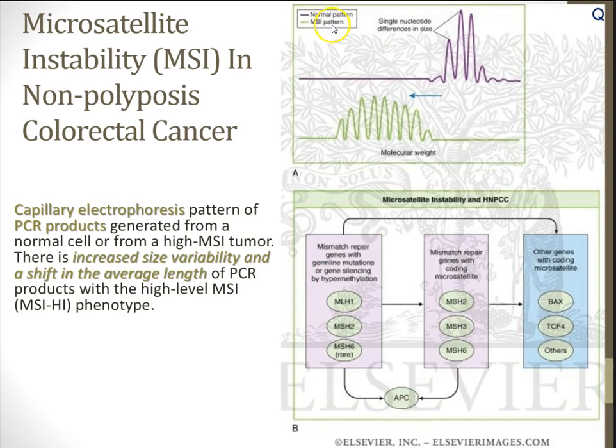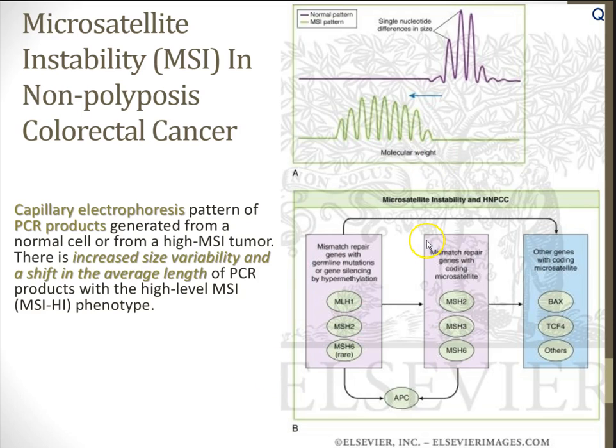When we have microsatellite instability, we start seeing an increase in larger microsatellites, and we also see more of them in the genome. This increased size variability creates a shift in the average length, which we are able to see using capillary electrophoresis and other mechanisms that we talked about in week 1 and that were discussed in the medical genetics spa last week.